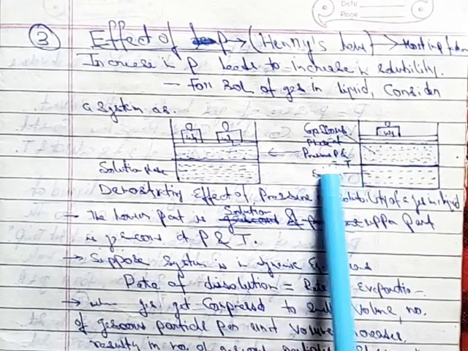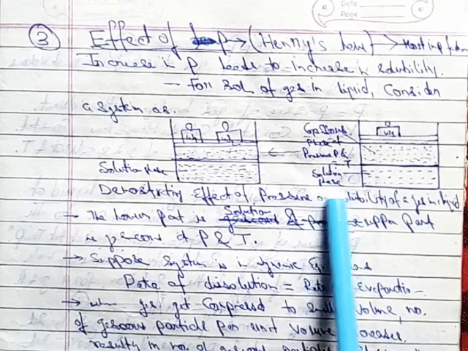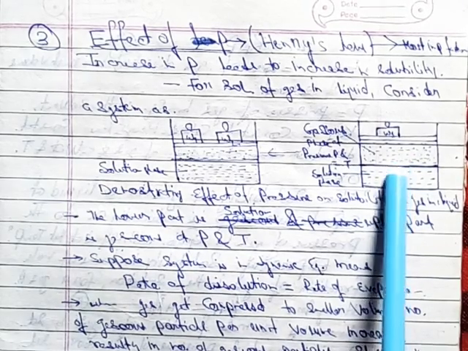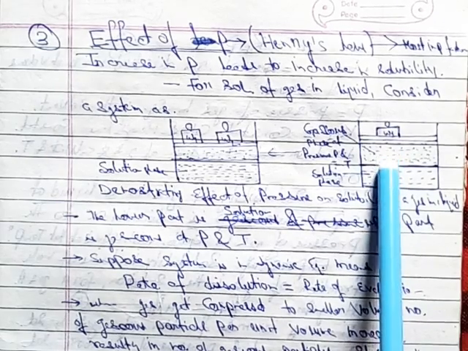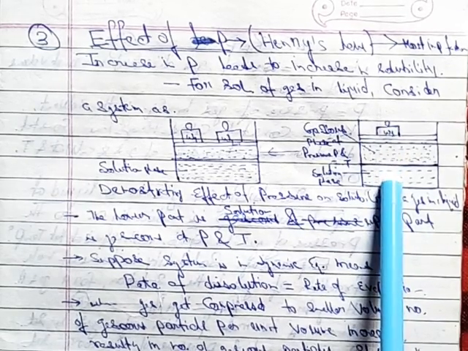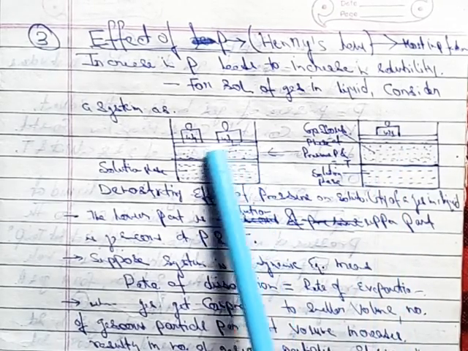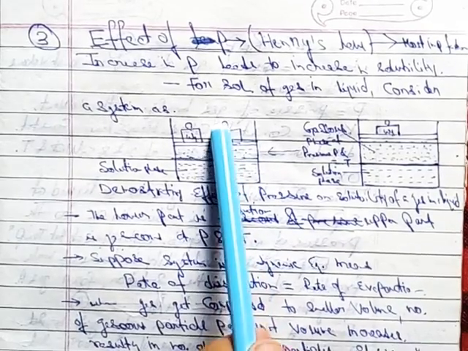Below is the solution phase and above is the gaseous phase, at a certain pressure and temperature. If there is less weight, the gaseous phase and the solvent phase are not mixing; they are a little bit apart. But when W2 is included, they are shifted to the bottom.